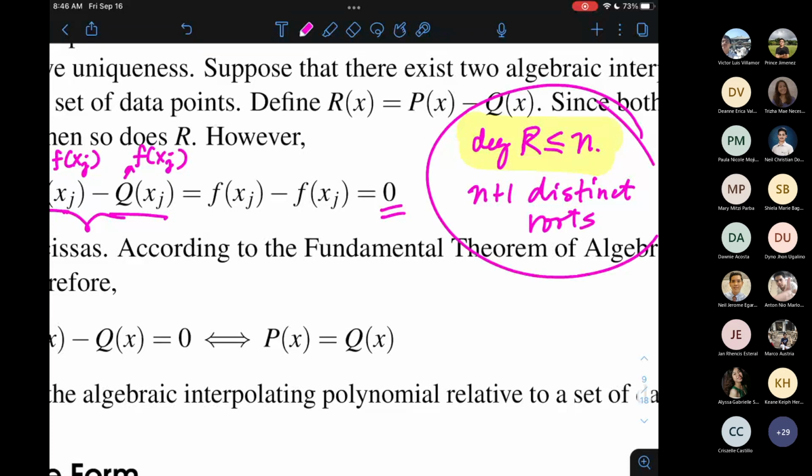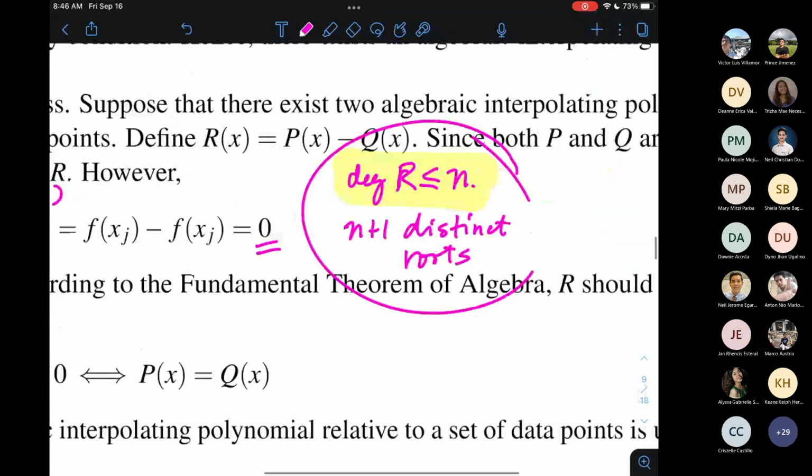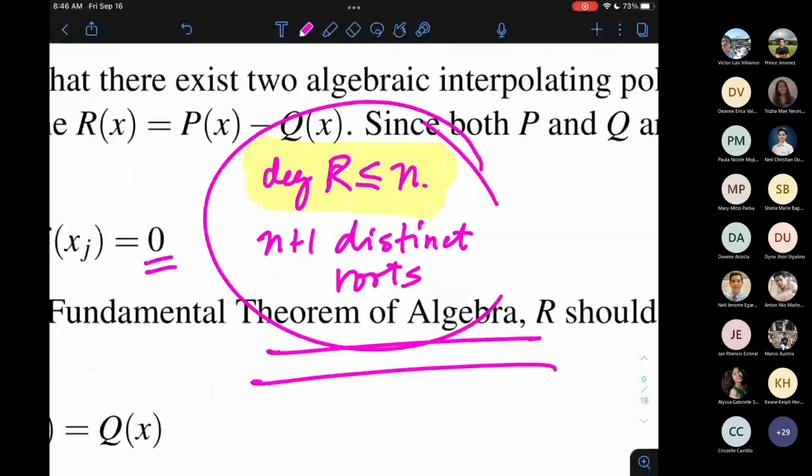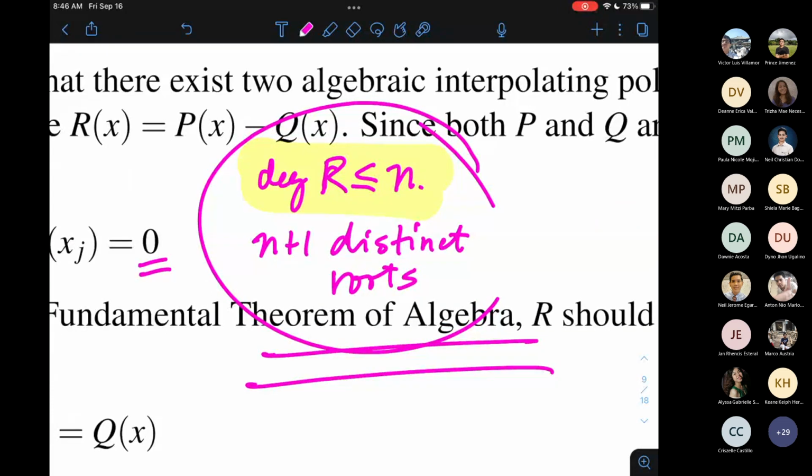Tandaan nyo ba ang fundamental theorem of algebra? Or kinalimutan nyo na yan after nyo mag-math? Hindi na pala kayo nag-math 17, ano? So sa senior high nyo na siguro to nakita. Can anyone recite for me the fundamental theorem of algebra?